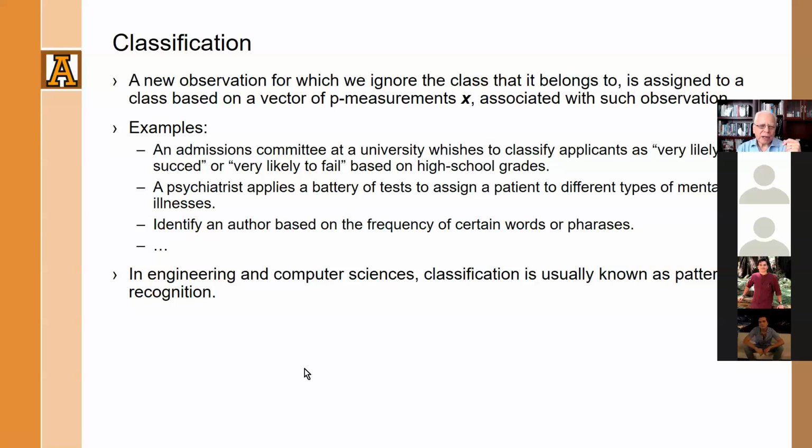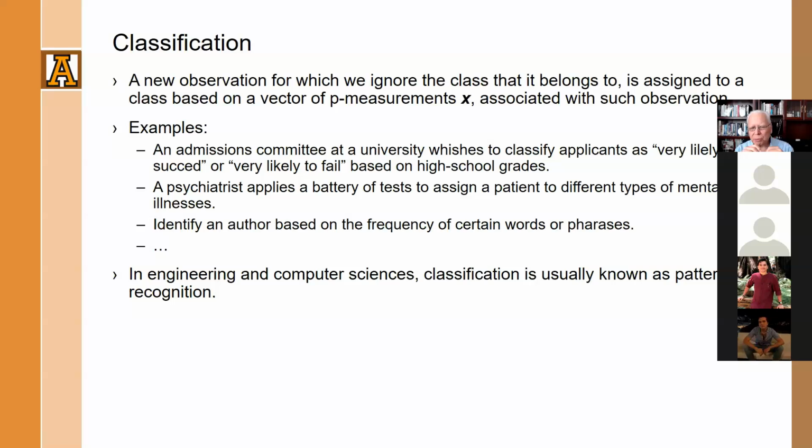Okay, or an admissions committee in a university wants to classify applicants as very likely to succeed or not, depending on their grades in high school, for example. Okay, and the same thing happens in psychology and psychiatry. Applies a battery of tests that assign a patient to different types of mental illnesses.